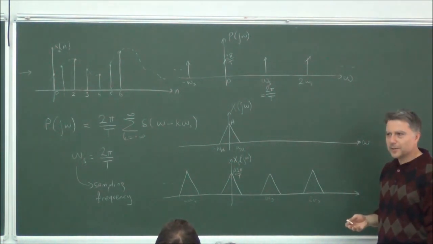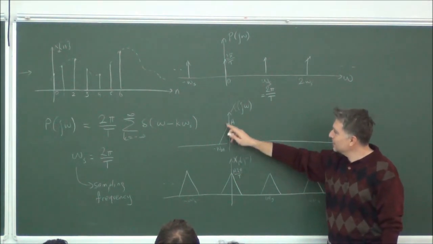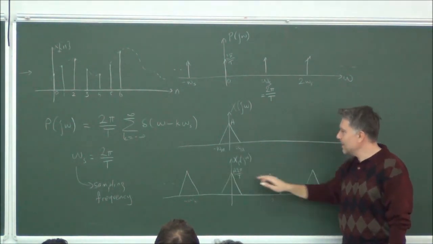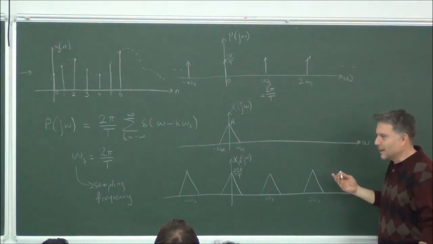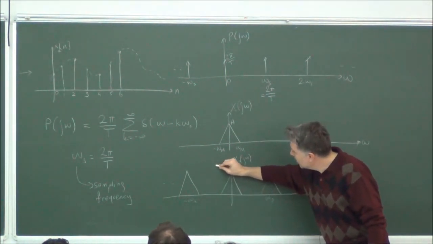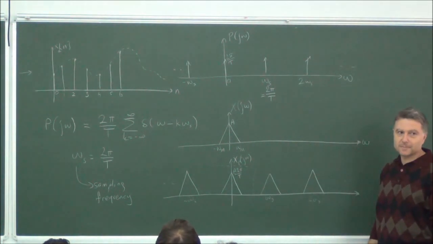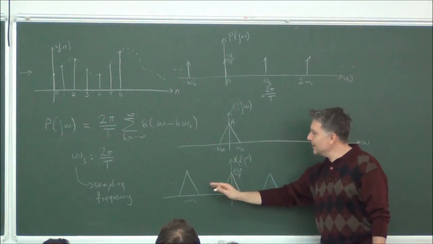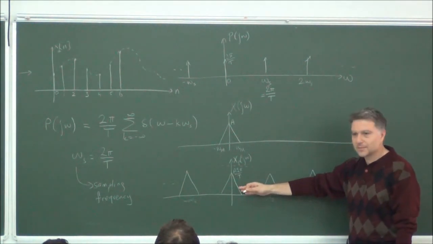How can you do that, by the way? How can you extract this triangle from these replicated triangles? By low-pass filtering, of course. You apply an ideal low-pass filter, and that low-pass filter eliminates all the other triangles. It will only have this one, which is here.